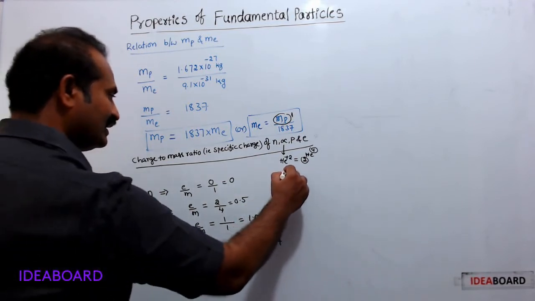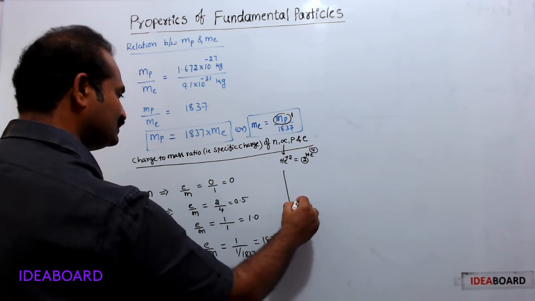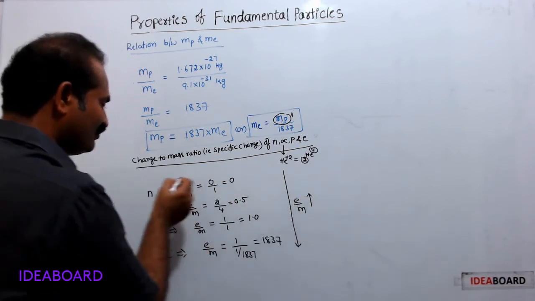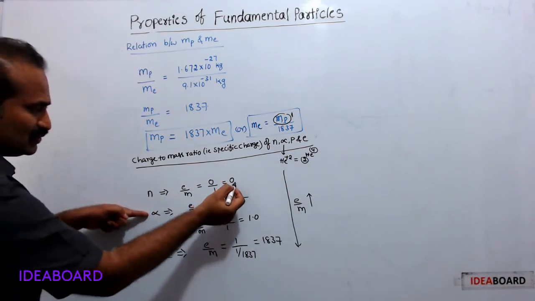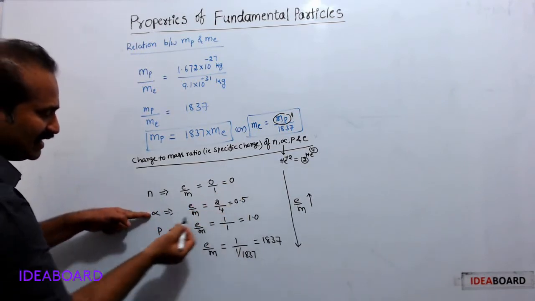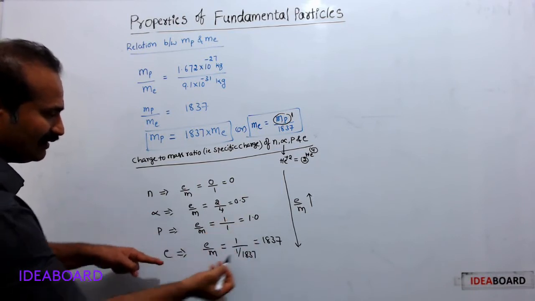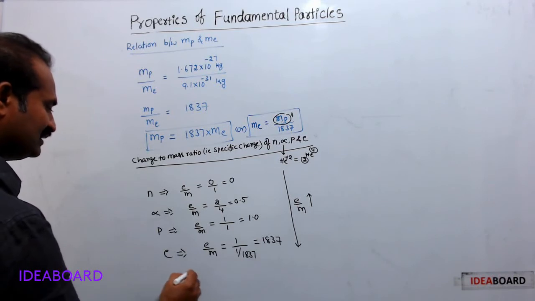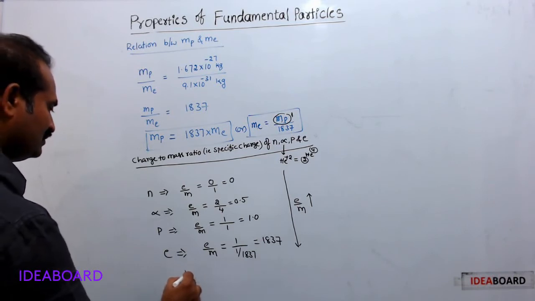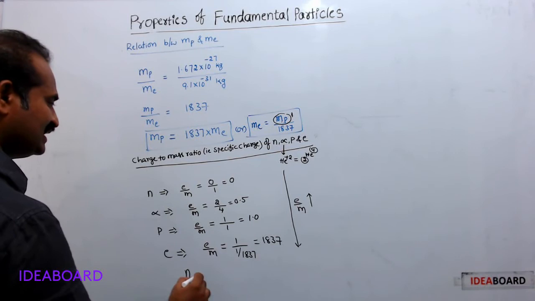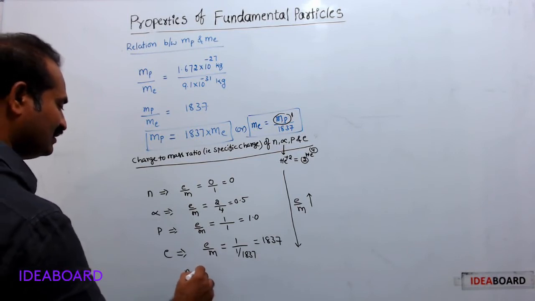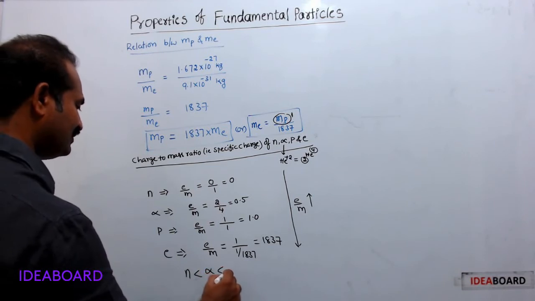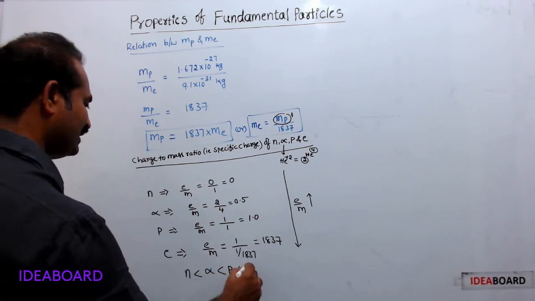When we see top to bottom, charge to mass ratio is increasing. When we move from neutron to alpha, specific charge increases. Alpha to proton still increases. Proton to electron still increases. Therefore here, specific charge increasing order: neutron less than alpha particle less than proton less than electron.